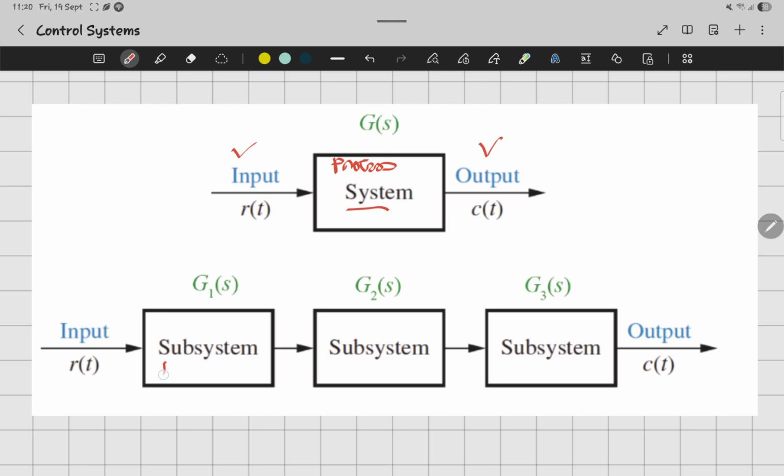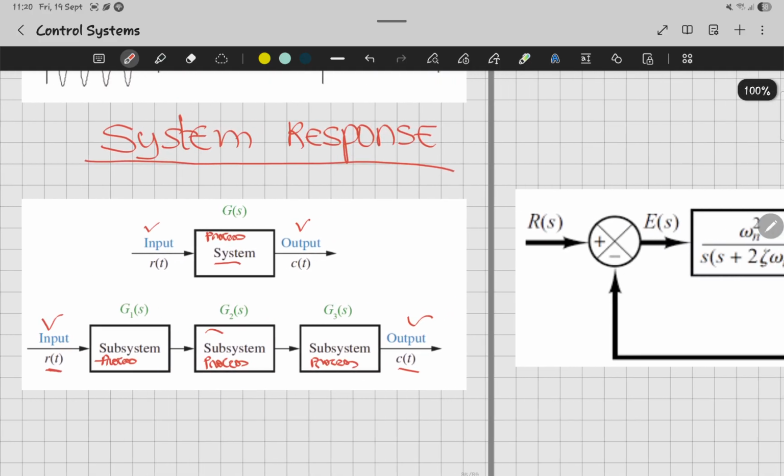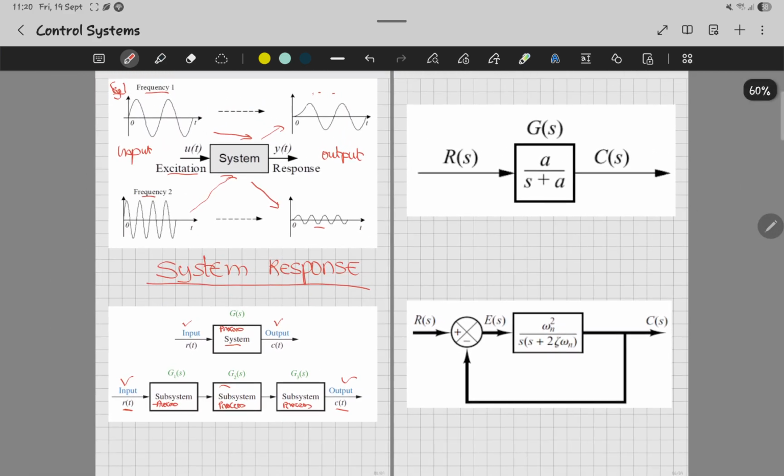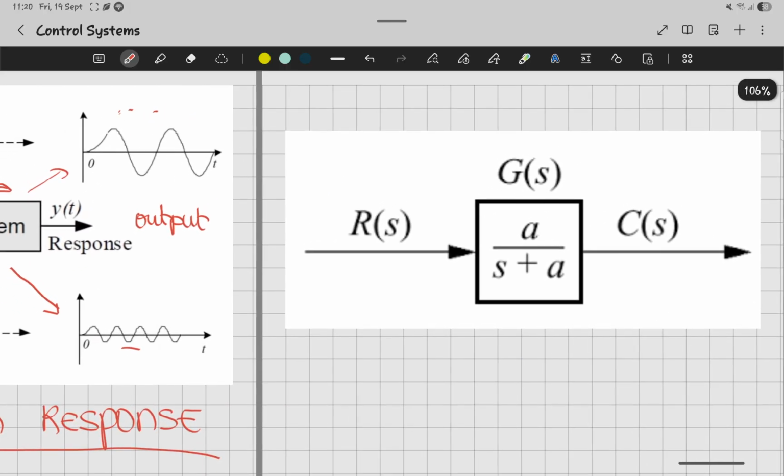If you have multiple systems, so multiple processes, you're still going to have an input and output. We need to compare the response that we get from the input to the output, based on our system behavior.